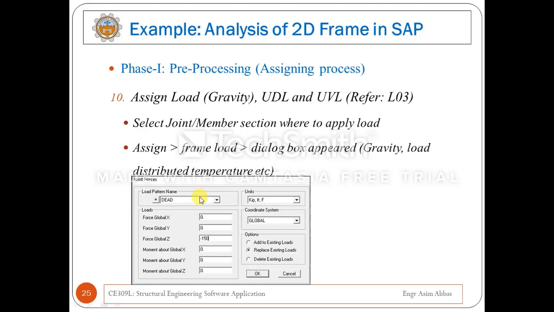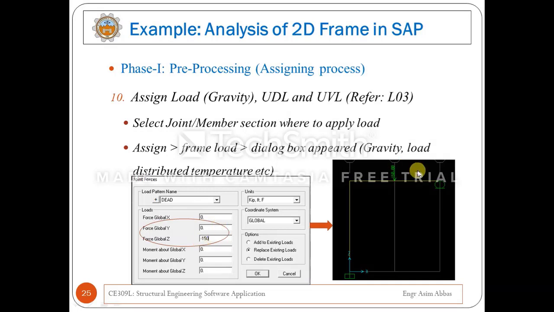In our example we want to apply a joint load in the z direction. For the opposite direction, you just put a negative sign. Fine, this is the example. We have applied a 150 kip load in the negative z direction.